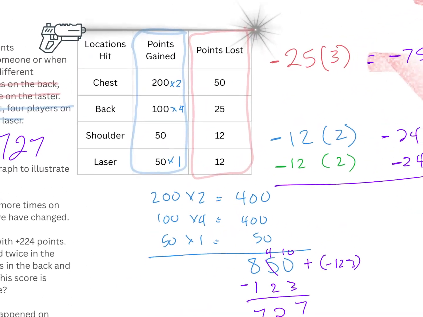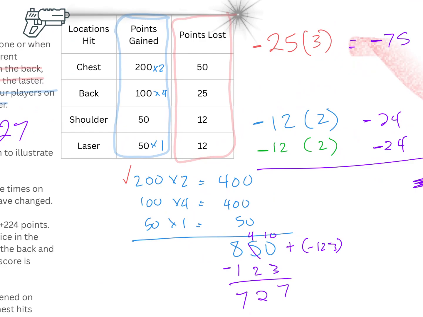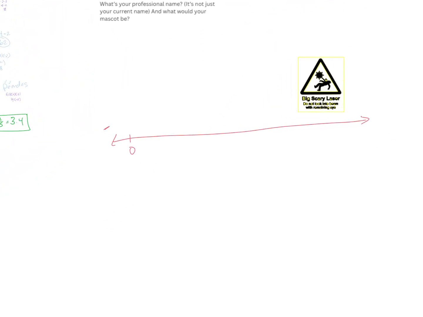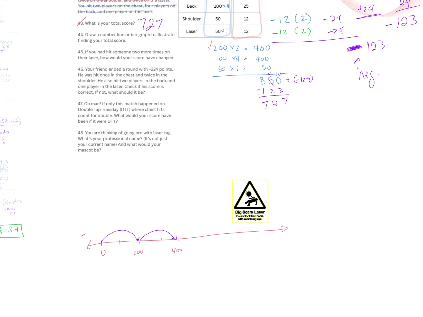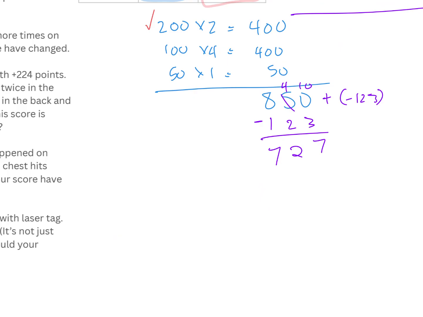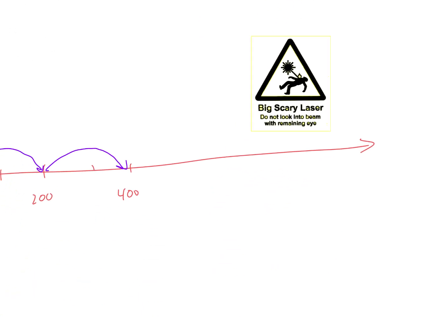Let's just add. So we have 2 200s. We got 200. We got one like that. And then we got another 200. So now we have scored 400 points, right? And then we score 4 100s.